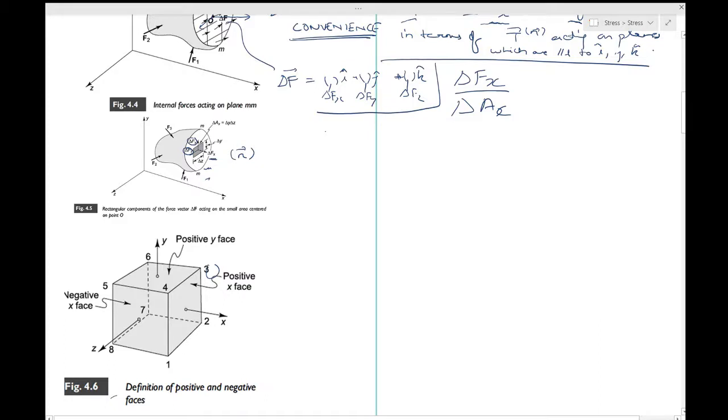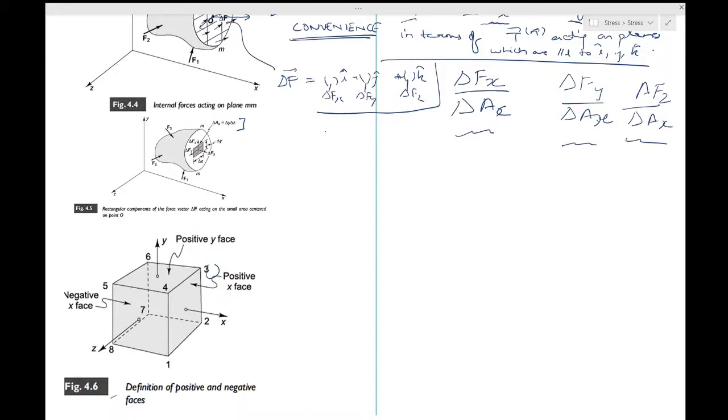Delta AX is just this, delta Y into delta Z, and delta Fx and every other thing is shown. So you want to take these ratios, delta Fy by delta AX, and delta Fz by delta AX. We have three quantities which establish the average intensity of force in the face delta AX. Okay, so these three quantities define to you the intensity of force on this face.